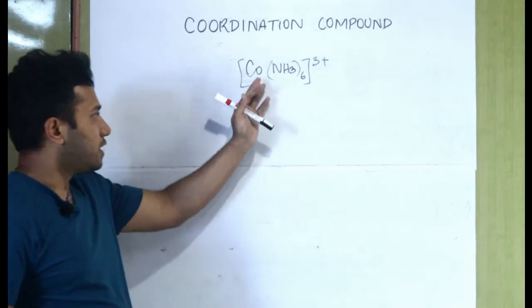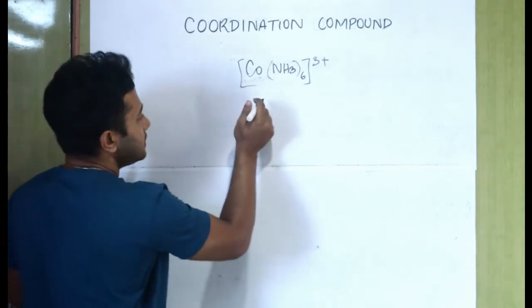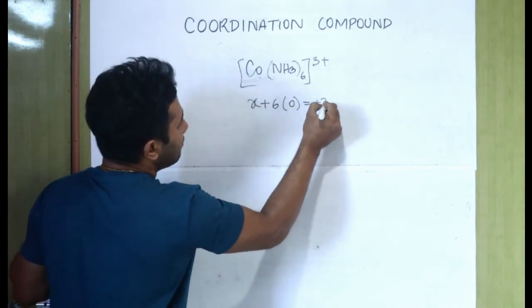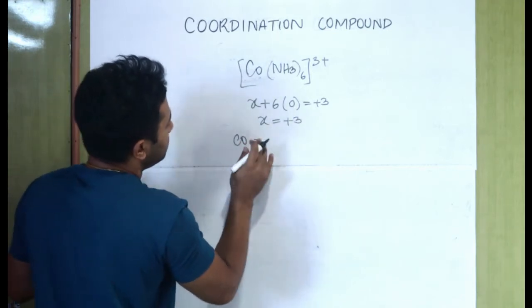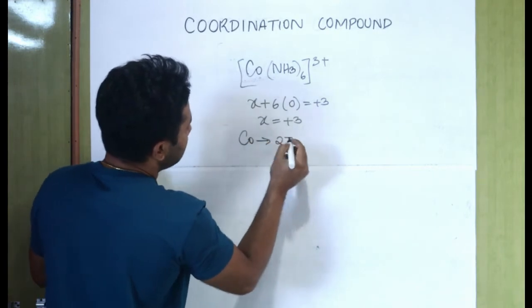So now we shall try for [Co(NH3)6]3+. Again, the first thing is to find the oxidation state. So x will be plus 3. The atomic number of cobalt is 27.